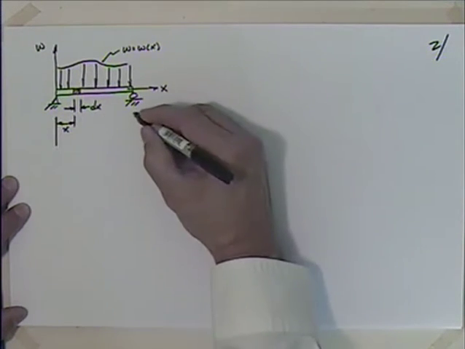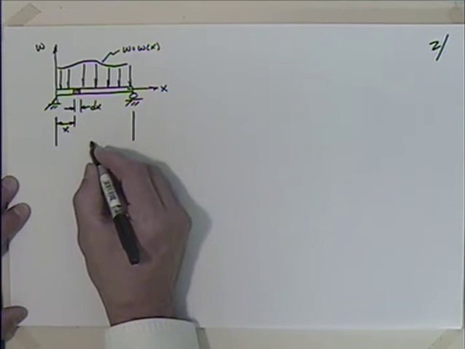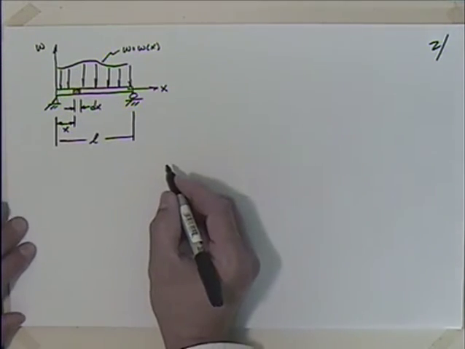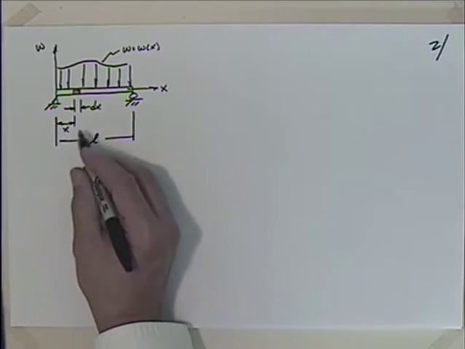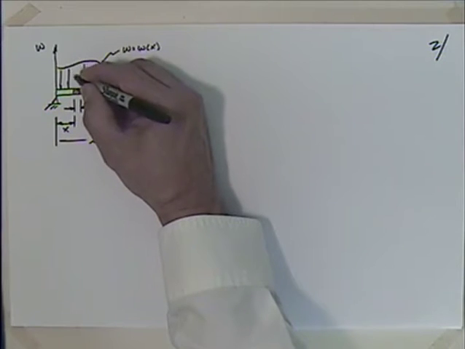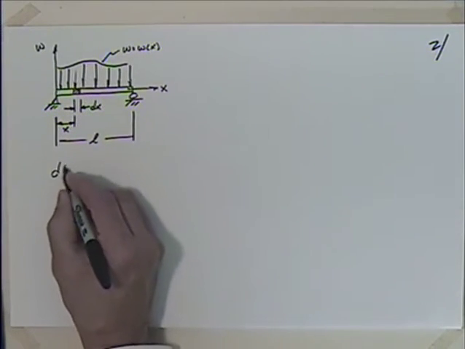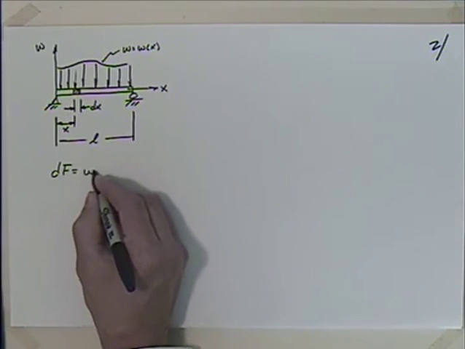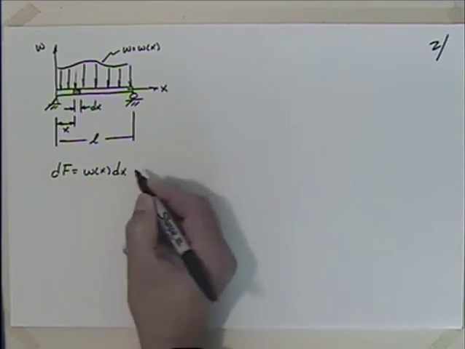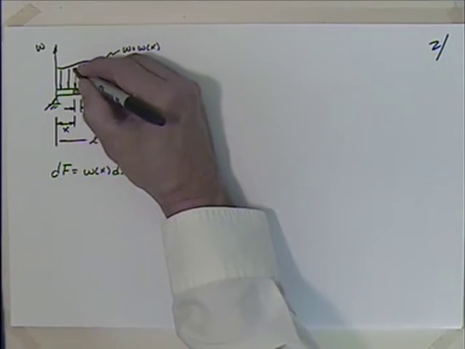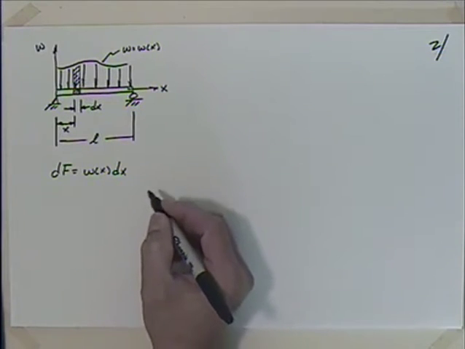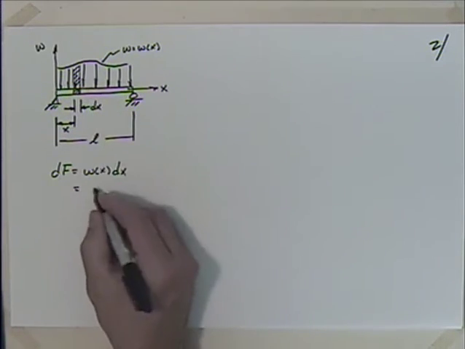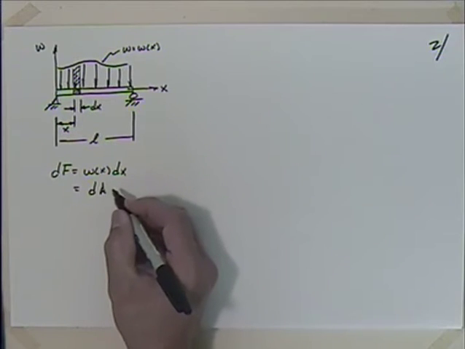And of course, maybe we'll take the whole thing as some length L. So if I wanted to talk about the force on this element here, I could say that that was dF, which is going to be equal to w of x times dx, right? Essentially, that's the area above this thing, right there, which would really be equal to, as I said, the area. Let me call that dA.